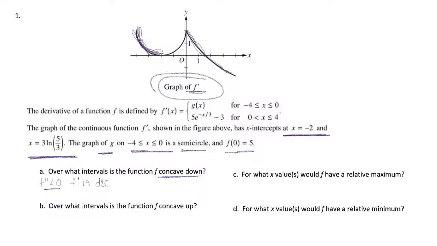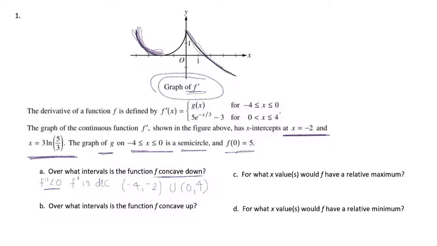So if f prime is decreasing, then f double prime would be negative. That tells me where f, strangely enough, is concave down. So our intervals should be from -4 to -2, union, and then we pick back up at 0 and go all the way out to 4.